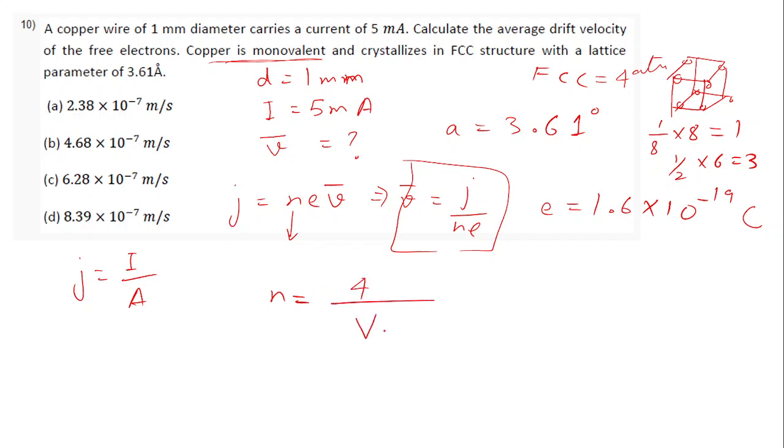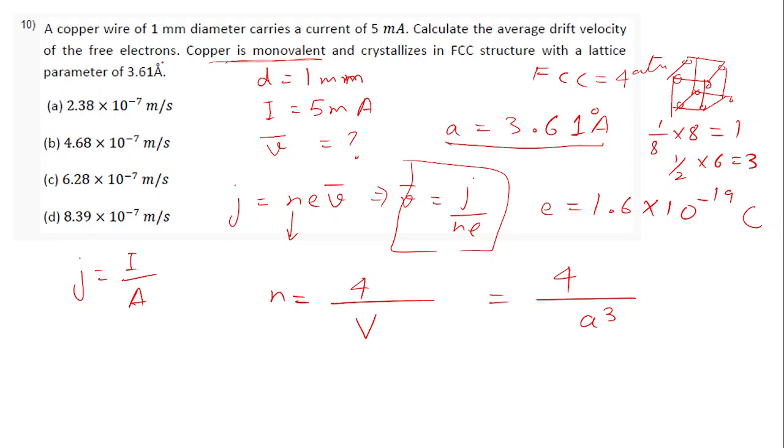What will be the volume here? The number of atoms is 4, and the volume of this unit cell will be a cube, because it's cubic. And a is 3.61 angstrom.